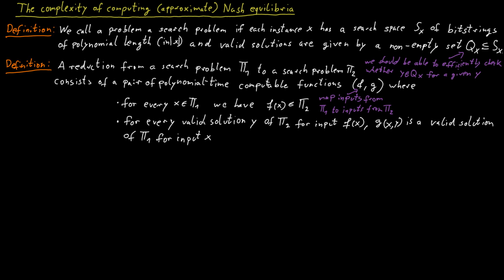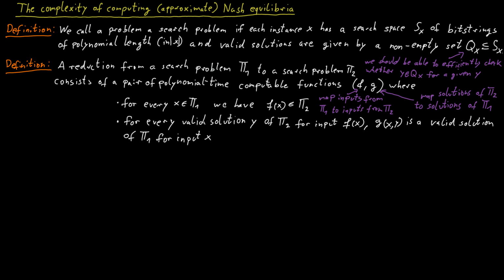So we can transform instances of the first problem into instances of the second problem, and then we could solve the second problem, and then we could translate the solution back into a valid solution for the first problem. So these are the jobs of these two functions f and g. F goes from the first problem to the second problem, and then g goes from solutions of the second problem to solutions of the first problem.